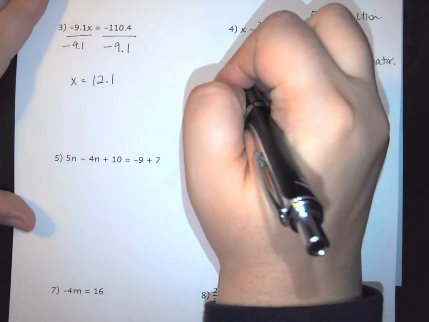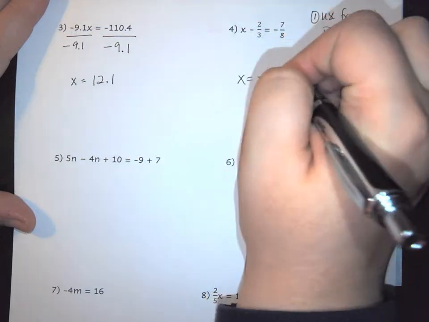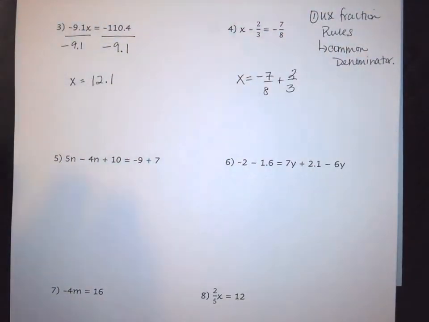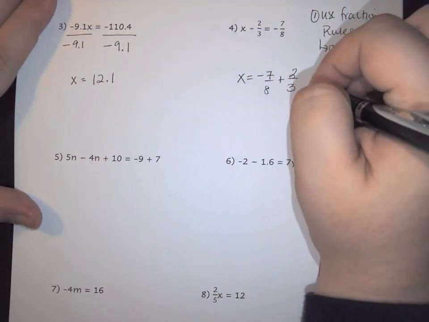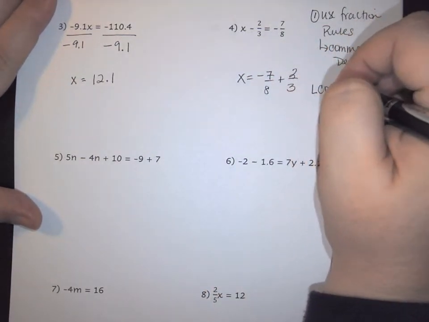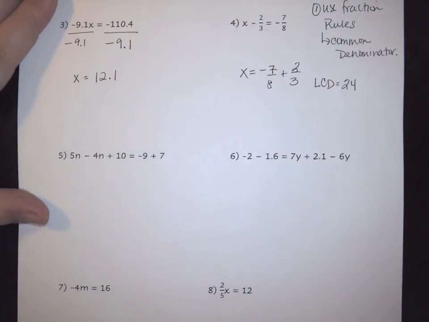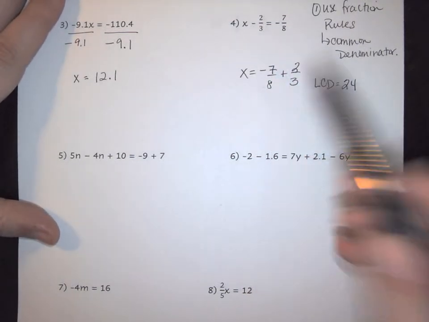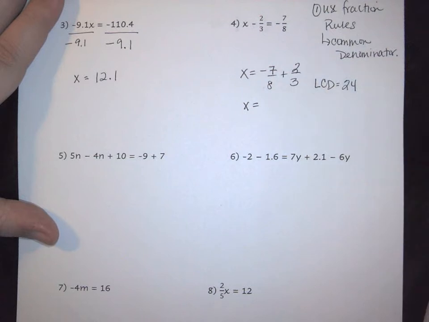Here we're going to have x is equal to negative 7/8 plus 2/3. Now in order to combine, again, I need to have a common denominator, and here my lowest common denominator is going to be 24. So in this case, we would take this first fraction and multiply both top and bottom by 3.